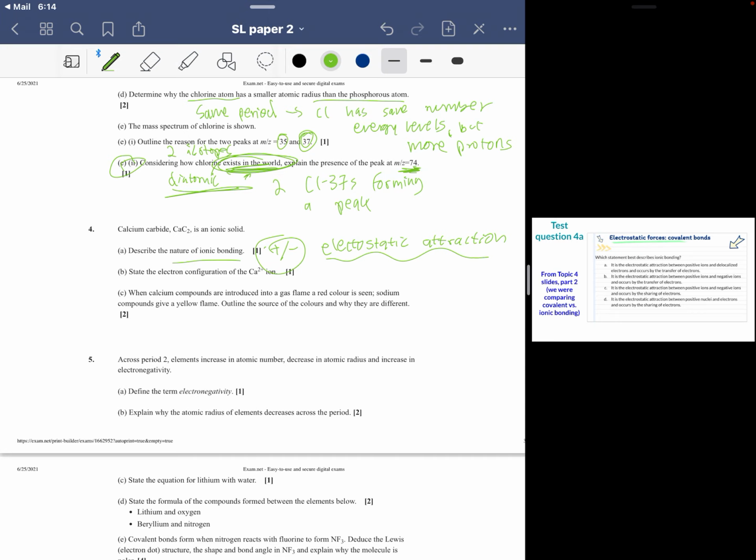And so 1s, 2s, 3s, 4s2 would be the highest energy level for neutral calcium. So you're removing the 4s2 electrons and ending with 3s6, just like argon, for the ion. Hopefully that was clear.